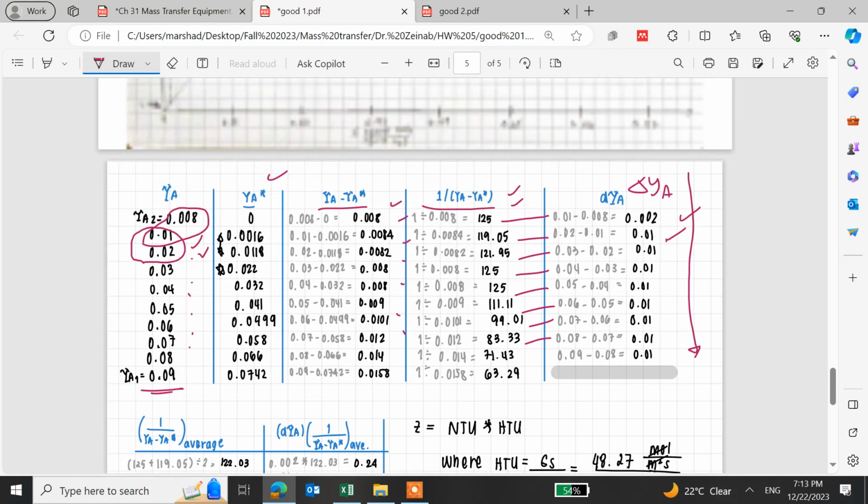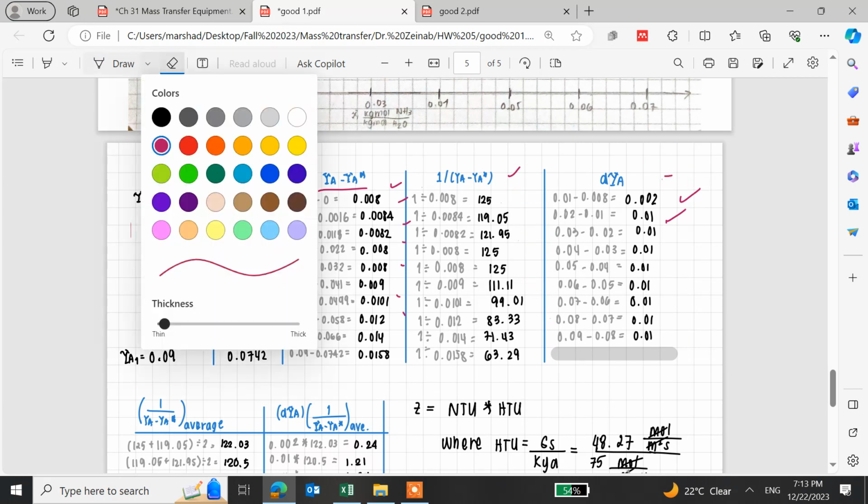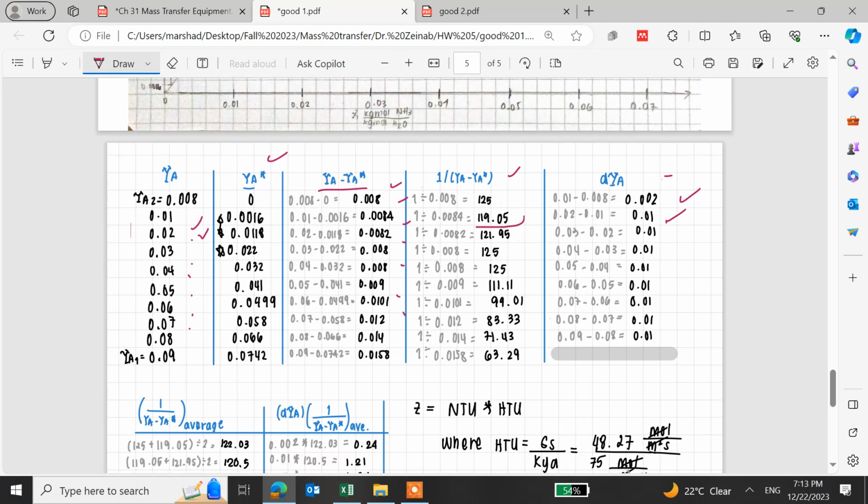So these two values we take the average. First two, then next two, then next two.